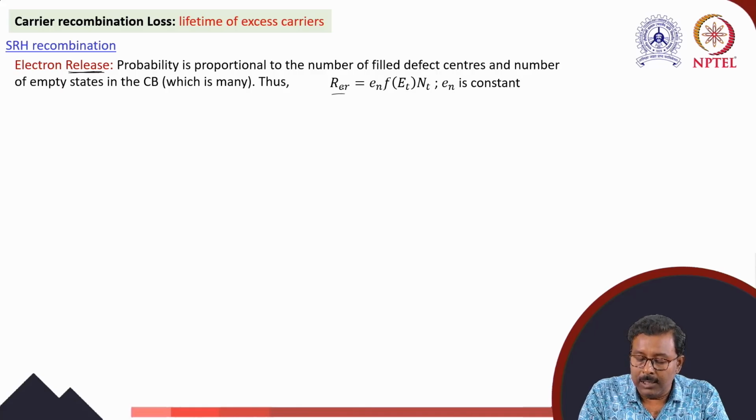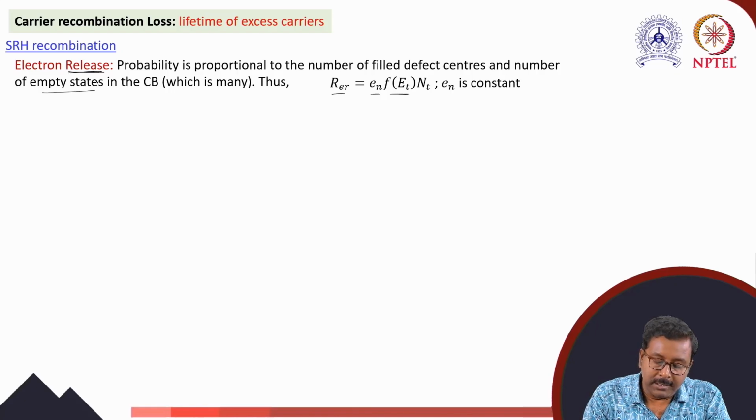So the rate of electron release can be written as some constant times f(Et) Nt. f(Et) is the probability that Et is occupied, and multiplied by Nt, this gives you the total carriers at the trap states. En is the proportionality constant. So the probability is proportional to the number of filled defect centers and the number of empty states. Thus the electron release rate is proportional to f(Et) Nt, and the proportionality constant is accounted for by multiplying a factor, En.